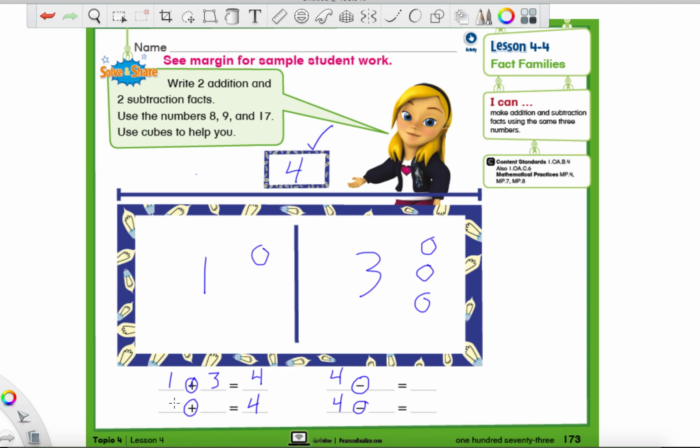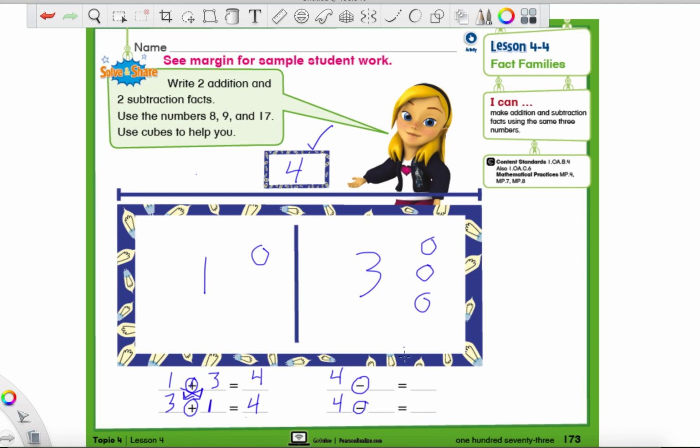Because we can add in any order we want. So instead, we can put the 3 over here. The 3 can go first, and the 1 can go second. And it still gives us a total of 4.